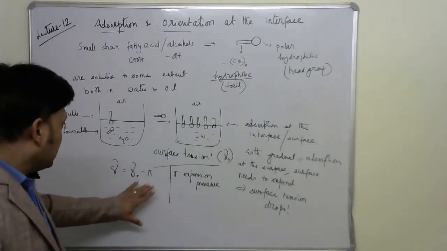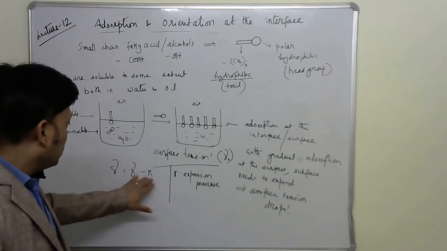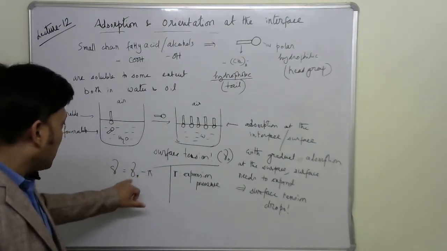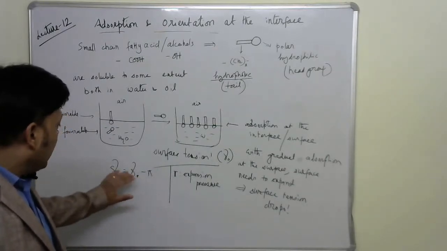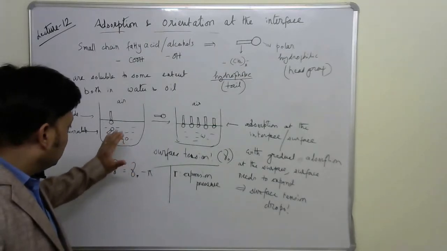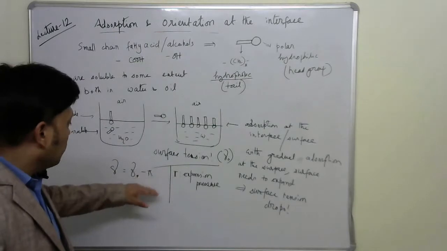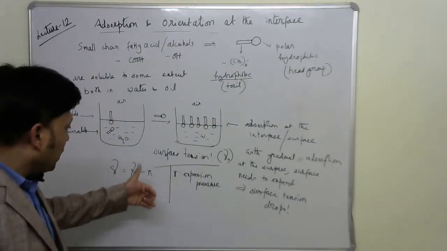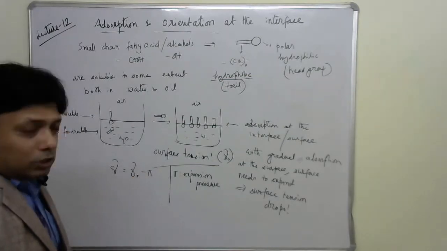The pi acts in the opposite direction to gamma naught. In other words, the more adsorption we have, the more the surface tension drops, and we have more and more expansion pressure.